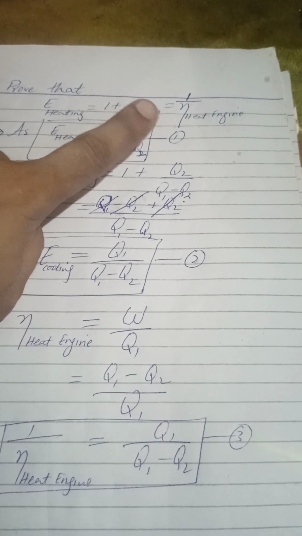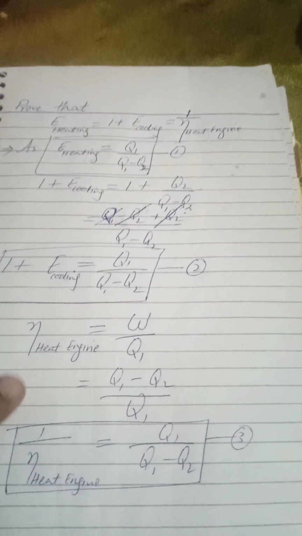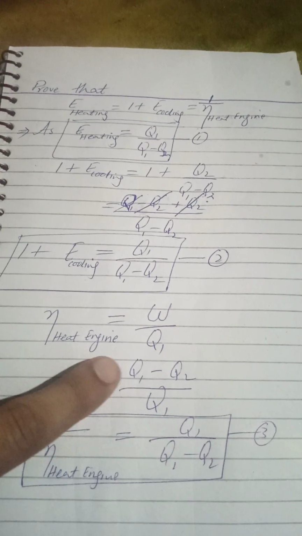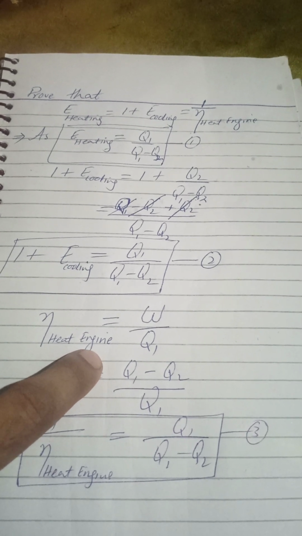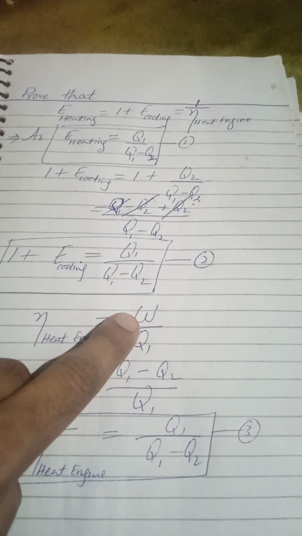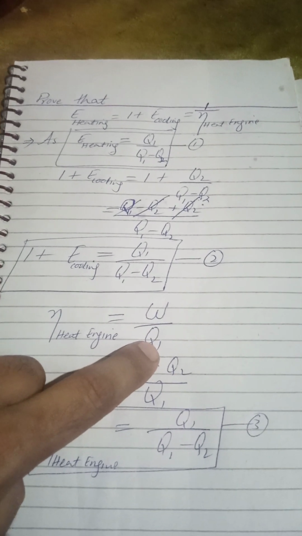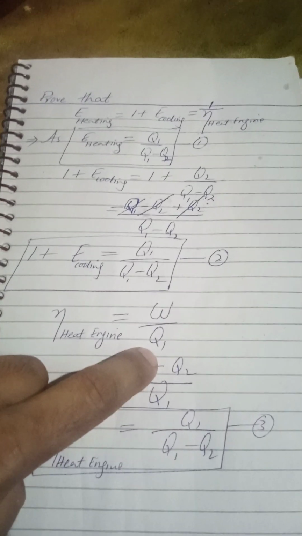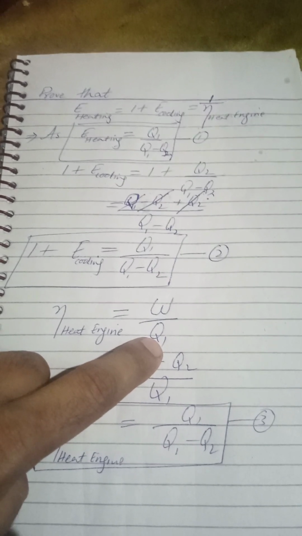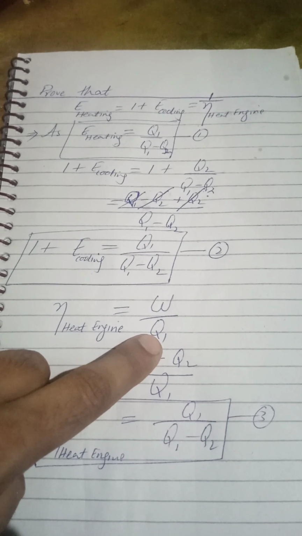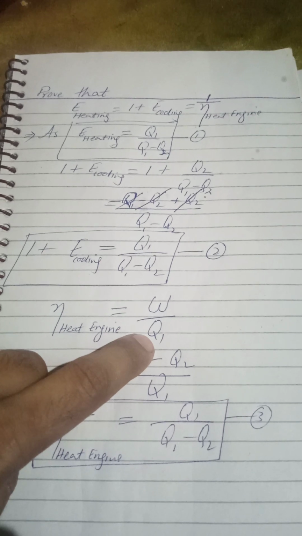Now we move to the second equivalence, which is the efficiency of a heat engine. Efficiency of a heat engine is defined as the output, which is the work done, over the input, which is the heat requirement of the engine, Q1, taken from the high temperature reservoir or source.